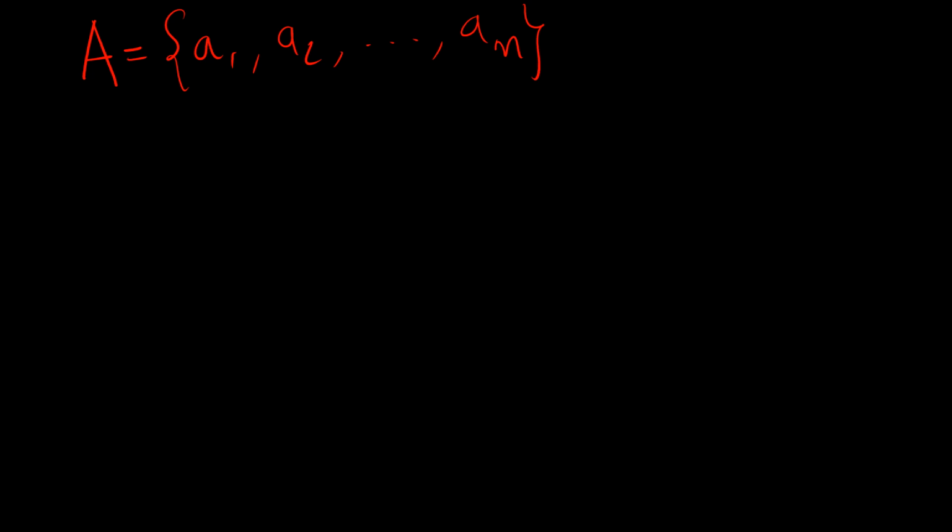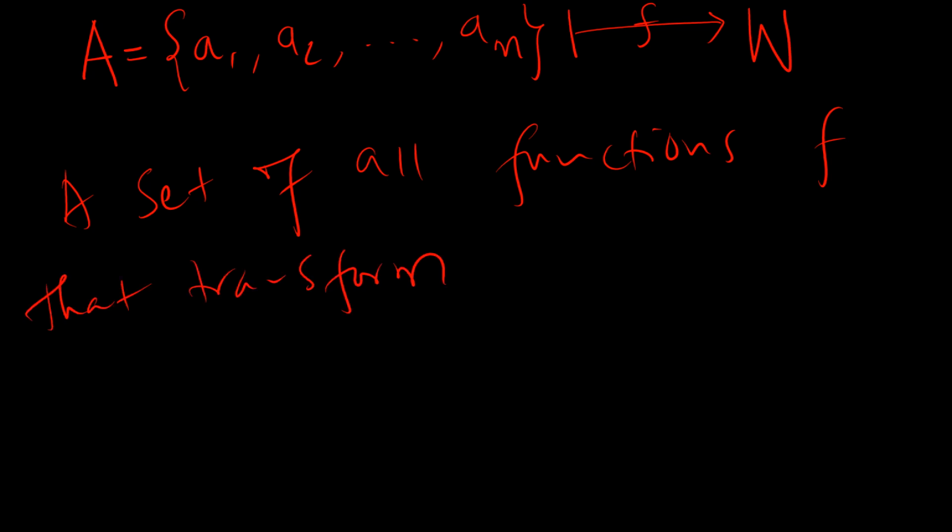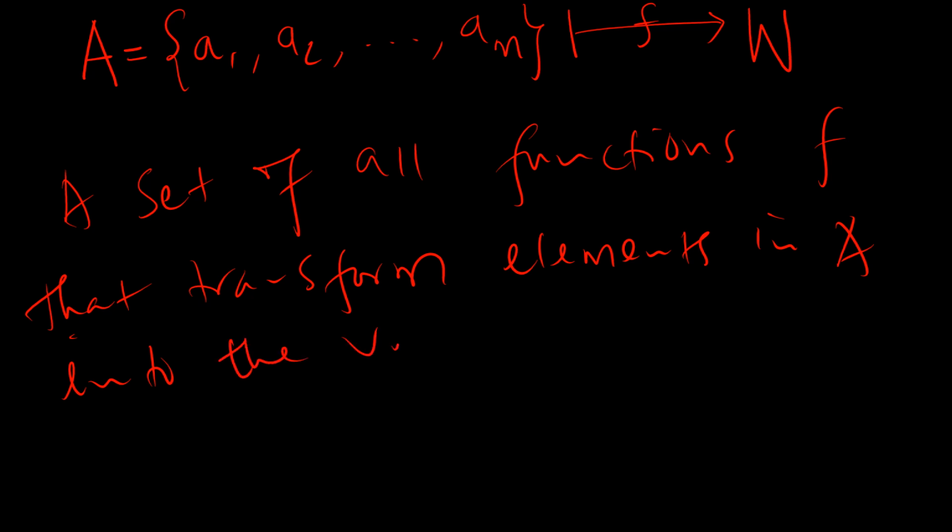And then there is a set of functions F that are able to take any of the elements within this set into a vector space W. So we would name a set of all functions F that transform any elements in A into the vector space W. And that set is usually denoted as W to the A.